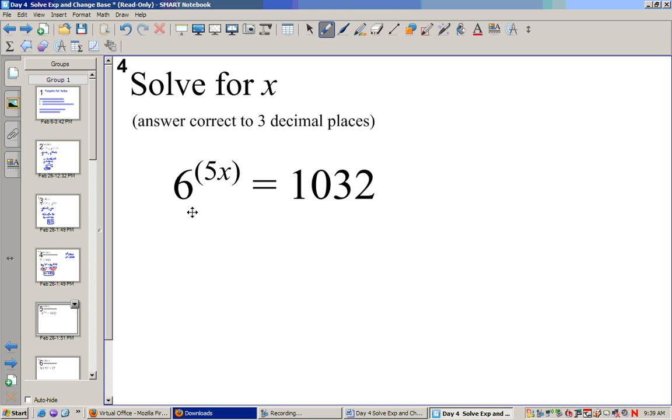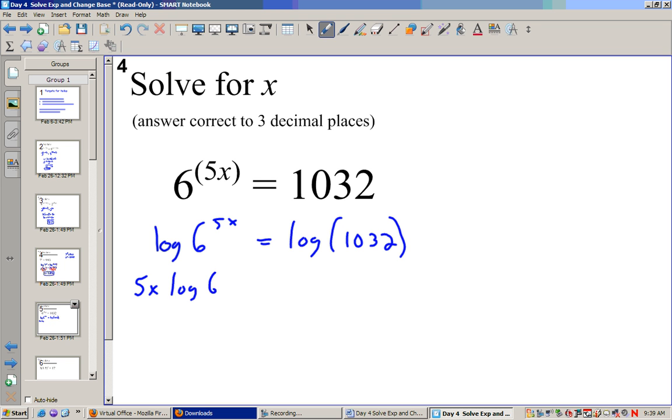All right, now let's look at this. 6 to the 5x is equal to 1,032. So what I would do is log both sides. Log of 6 to the 5x is equal to log of 1,032. So 5x times log of 6 is equal to log of 1,032.